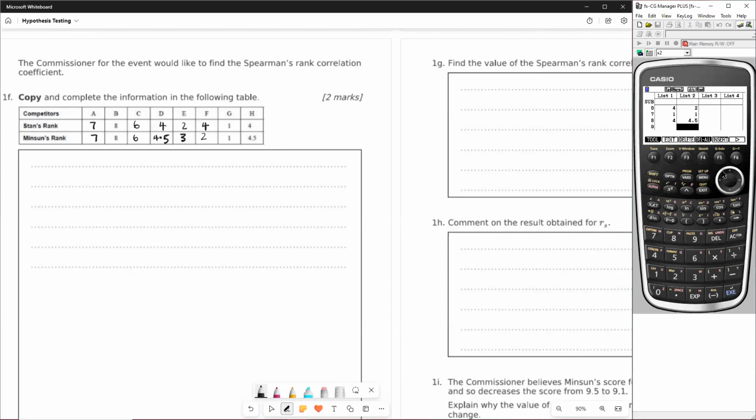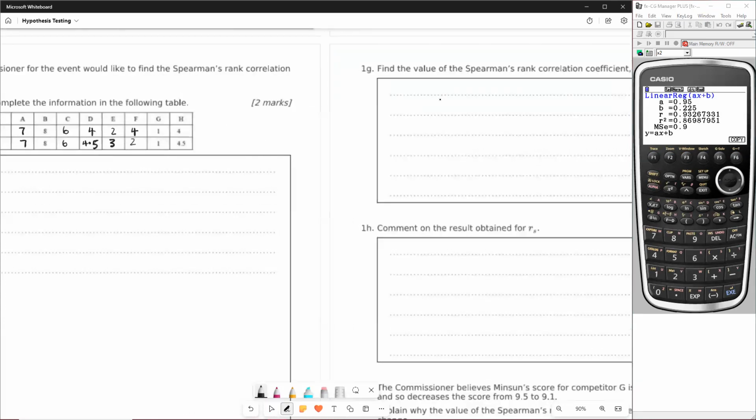And we go back to calc. Stat calculations, regression on X, X plus B. We're looking for R, the correlation coefficient, and that's going to be 0.933. And it says comment on the result obtained.